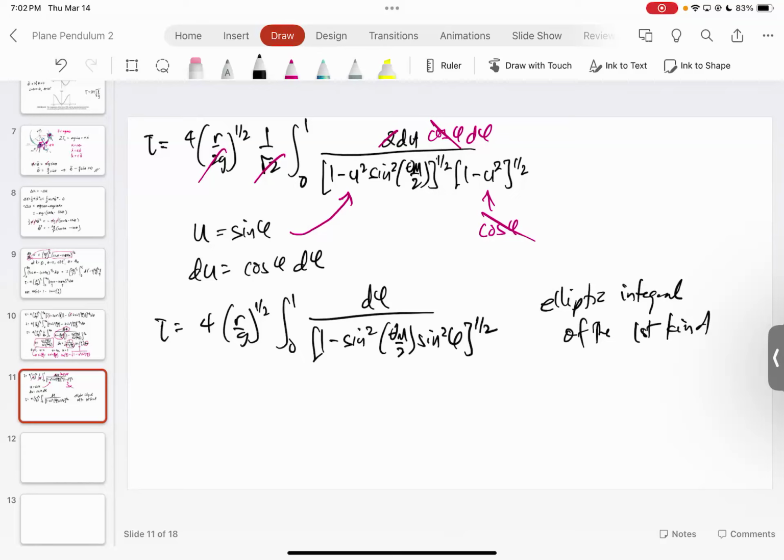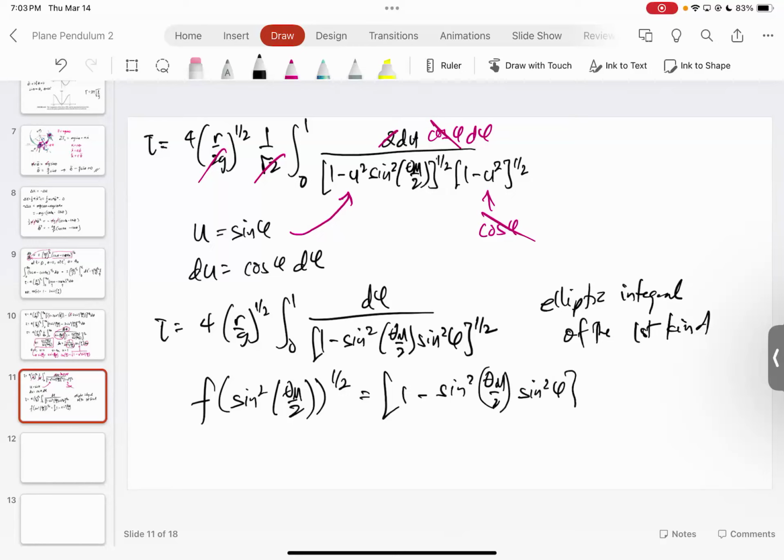Okay. Now, gagamitin natin yung series expansion. Anong i-expand natin? Expand natin yung buong square root, about sine squared theta sub m over 2 sine squared phi.